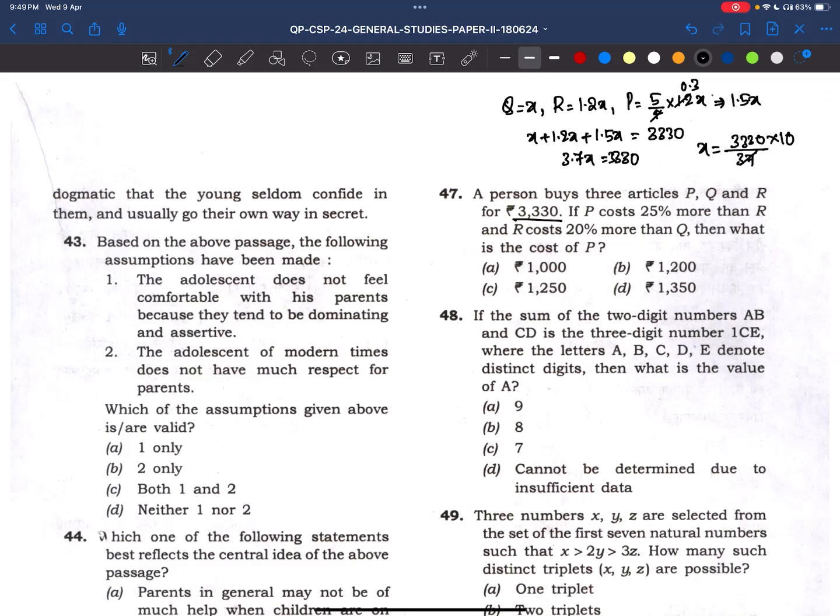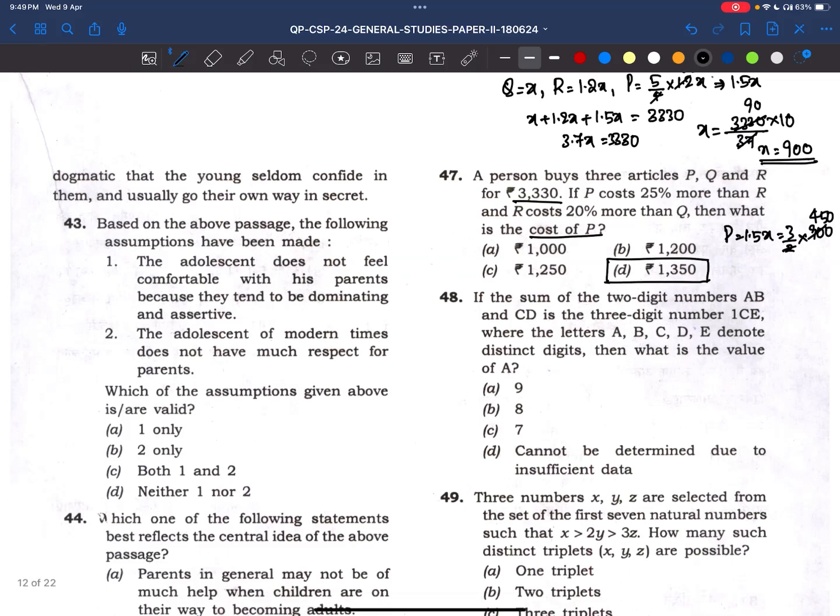So 333 means 37 nines. So X will be 900. That means cost of Q. What is asked? Cost of P. Cost of P is 1.5 times of X, no? That means 3 by 2 into 900, which is 1350. Answer is 13. Alright. Now let's go to the next question.